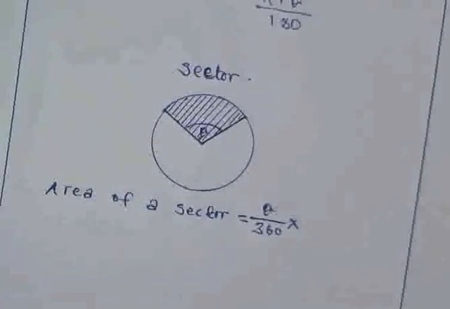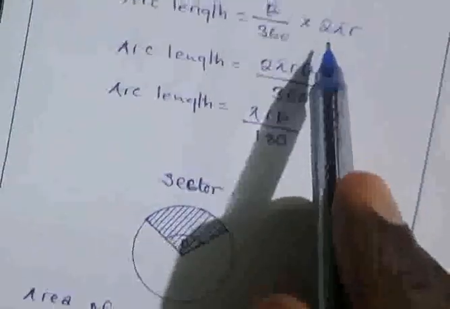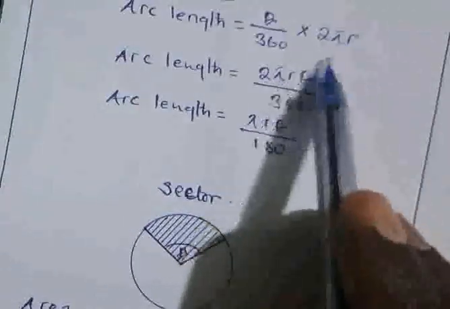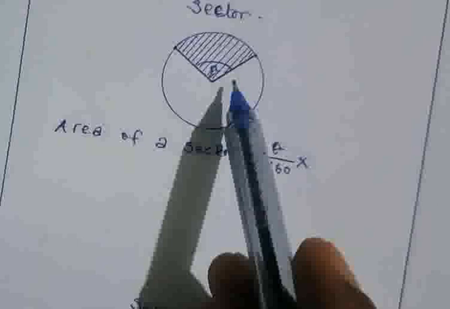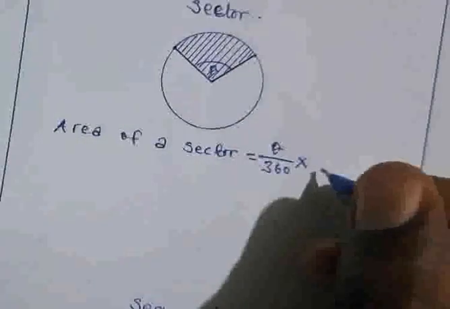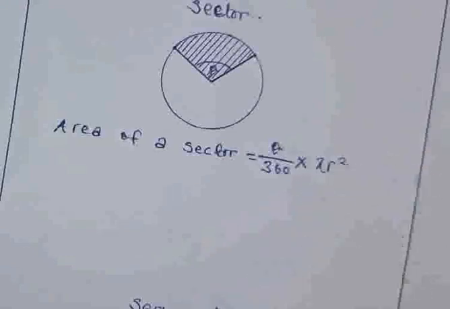And remember those two formulas that I've given, one we've used it here, which was 2 pi r, that was the circumference of a circle, isn't it? Now this one, we want to consider the area of a circle, which is pi r squared. That's it.